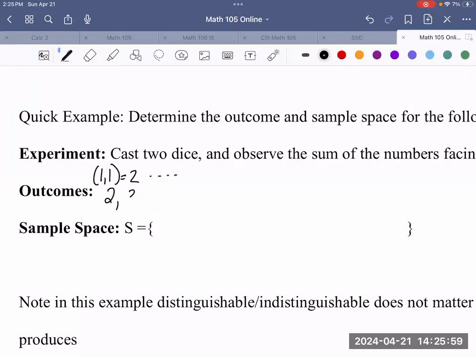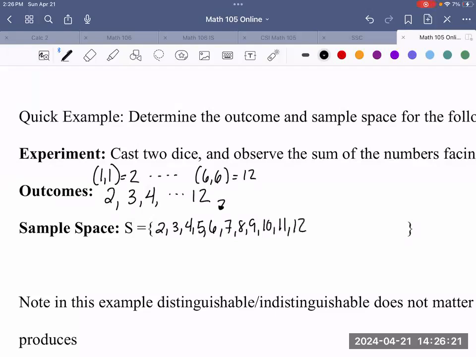So we can get a 3, a 4, a 5, a 6, all the way until a 6 and a 6 get rolled, which is 12. So your sample spaces are all of those different outcomes. 2, 3, 4, 5, 6, 7, 8, 9, 10, 11, and a 12.